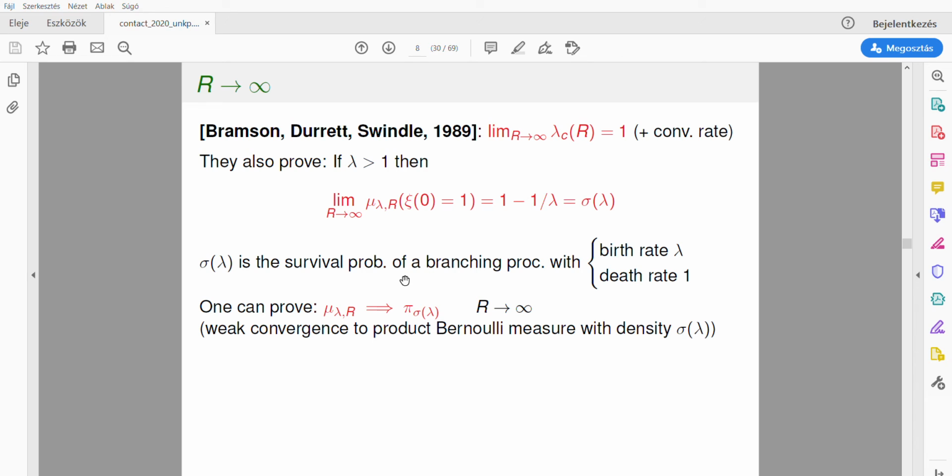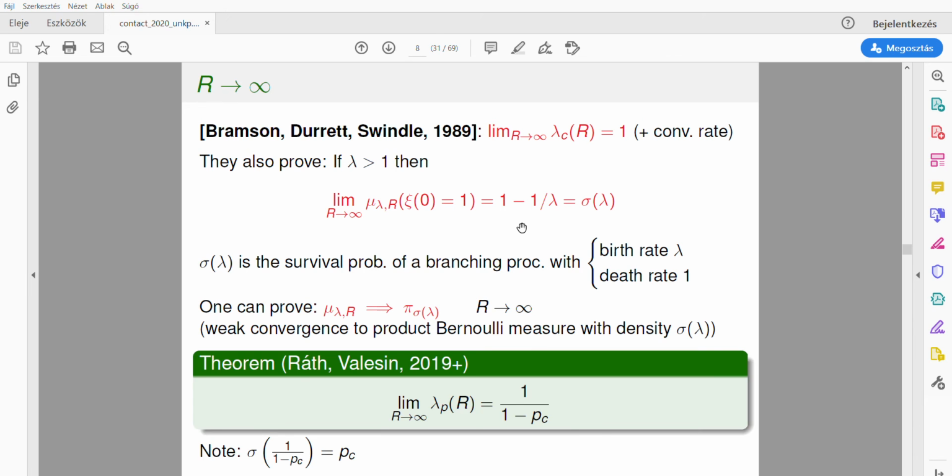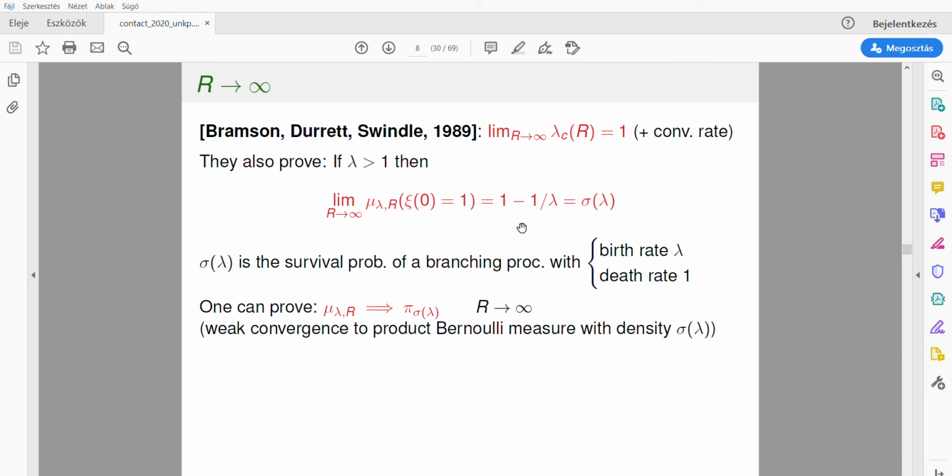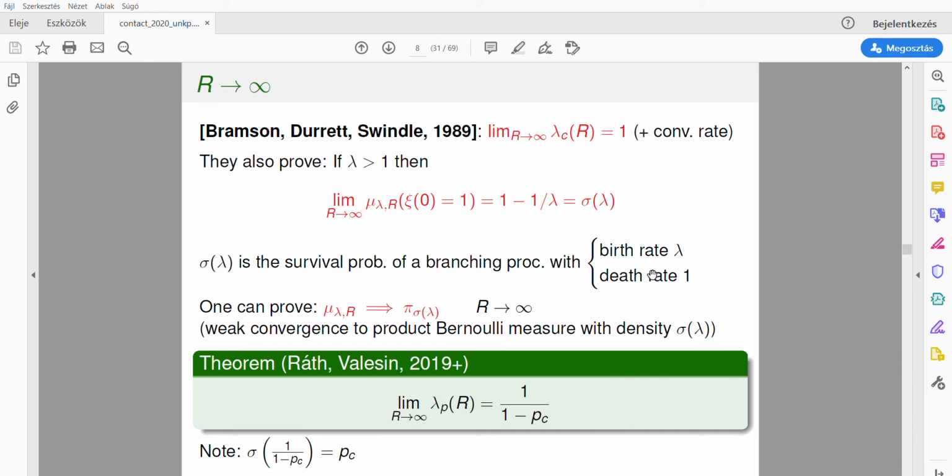So this is weak convergence, or local convergence, of this configuration to the product Bernoulli configuration. And then, given this, it's not very surprising that we have the following result.